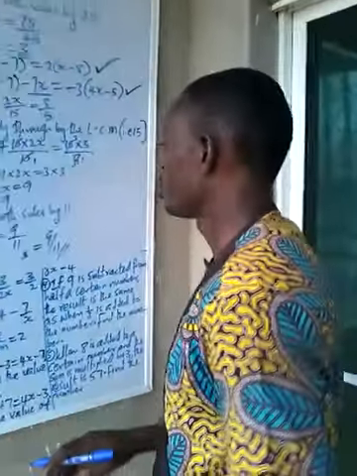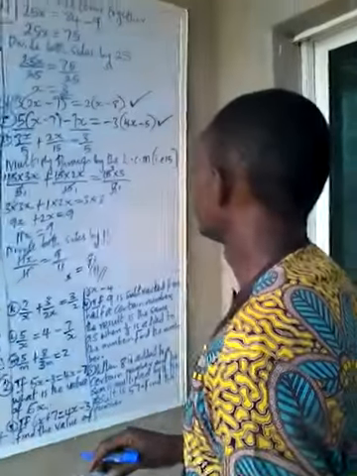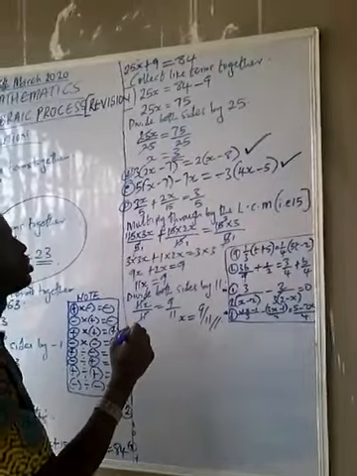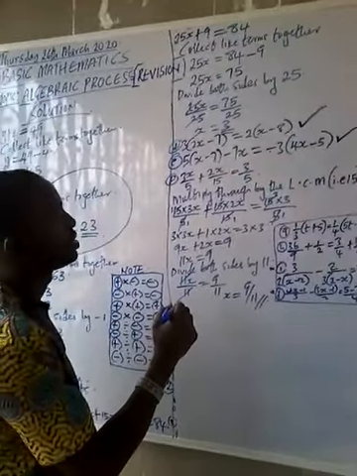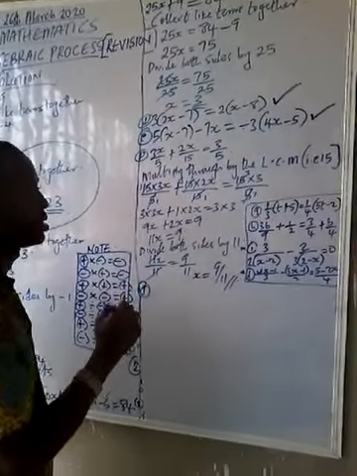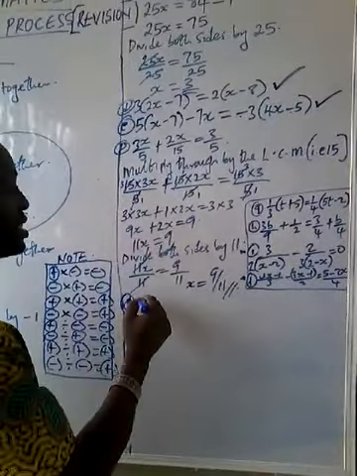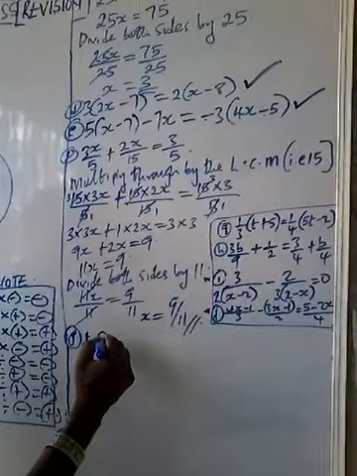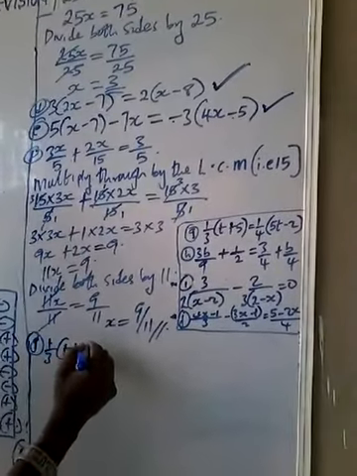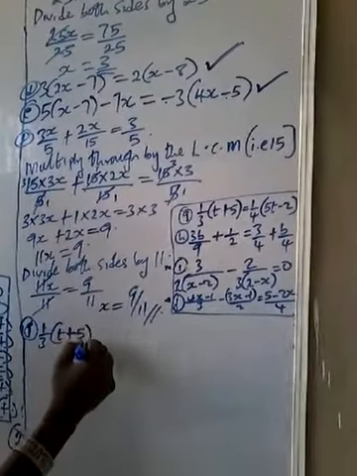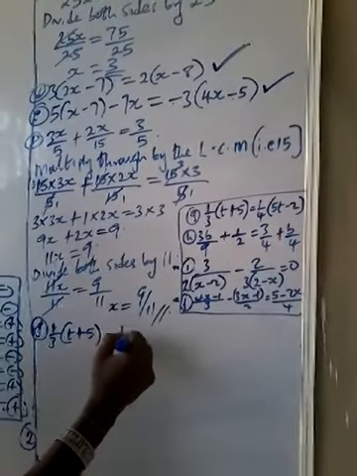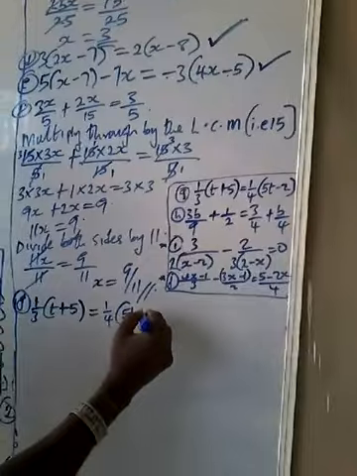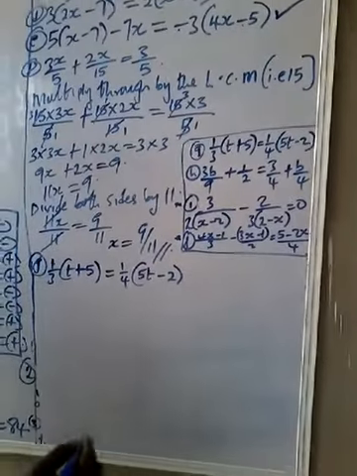Now, to the next one, letter G. When you look at letter G, it says 1 over 3 into bracket t plus 5 close the bracket is equal to 1 over 4 opening bracket 5t minus 2 close the bracket.